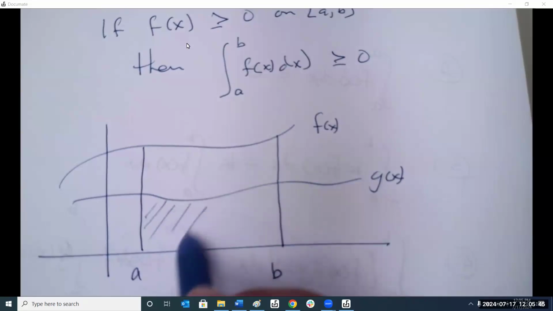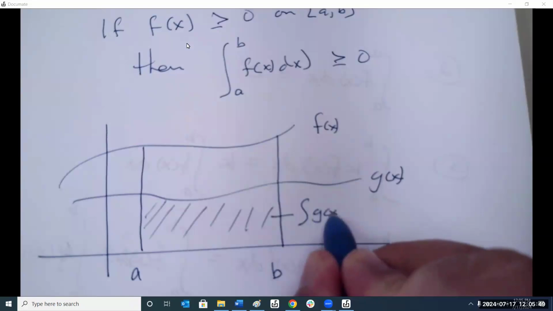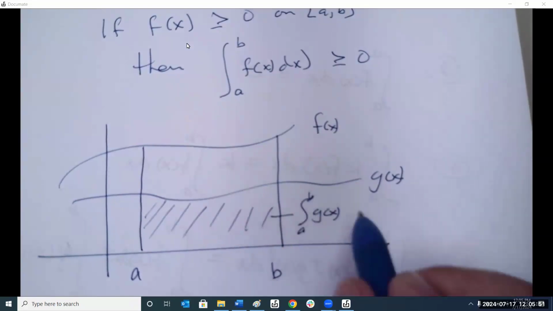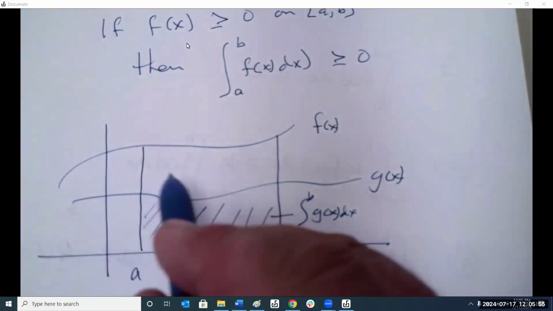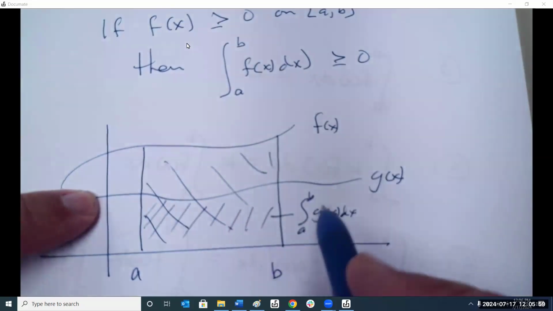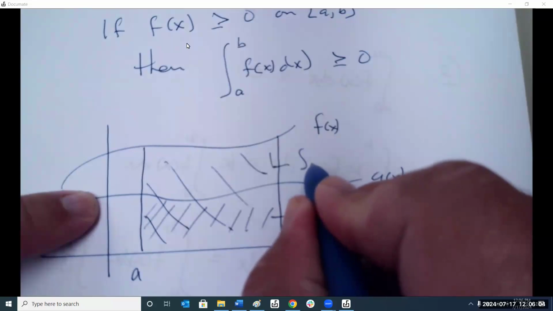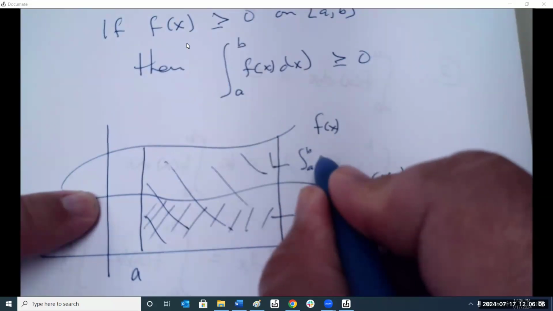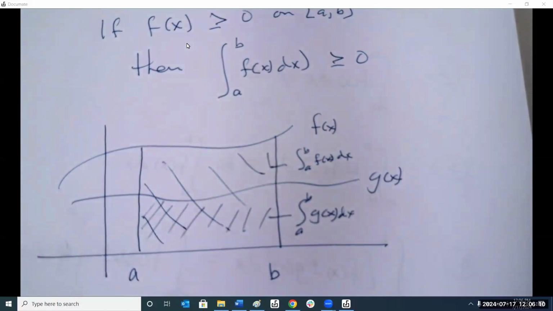So the integral of g of x is that. But the integral of f of x contains the integral of g of x. That's the integral of f of x. So it holds true.